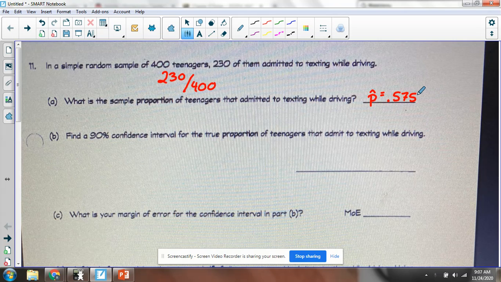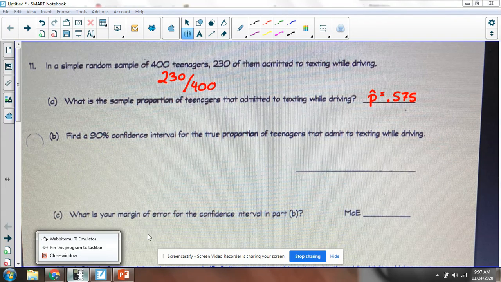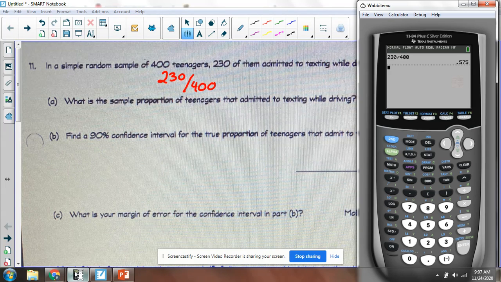0.575. Okay, so find a 90% confidence interval for the true proportion of teenagers that admit to texting while driving. That's going to be in our calculator. We're going to go to the stat menu, over to the tests, and keep going down to 1-prop z interval.